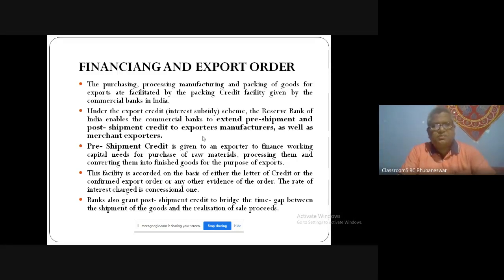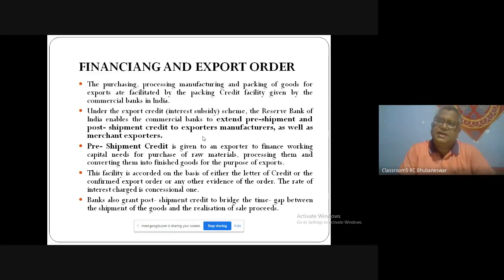But if you talk about post-shipment credit, finished goods are to be taken into consideration for exporting. In such a case, post-shipment credit is also necessary.